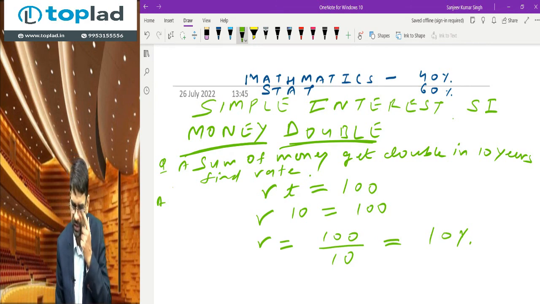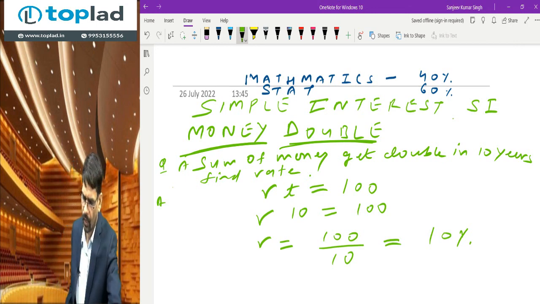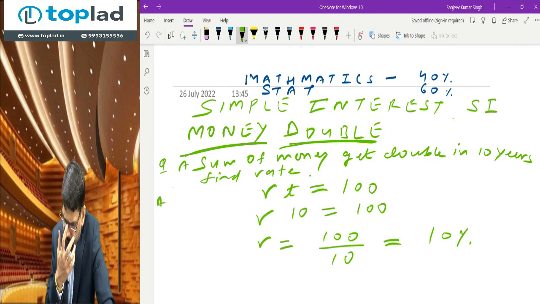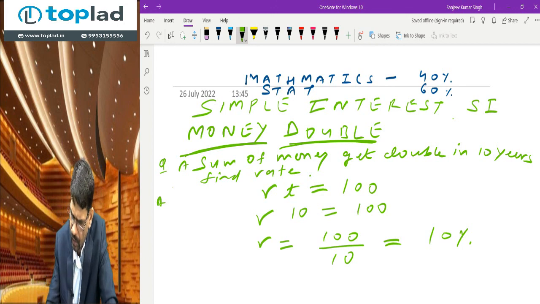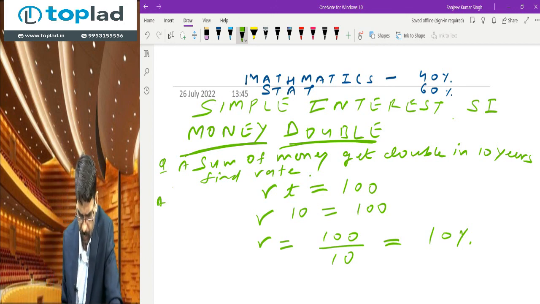A sum of money gets double in 10 years. Find rate. So we can say a sum of money gets double in 10 years at the rate of 10%.